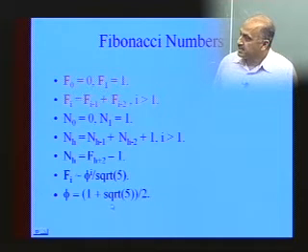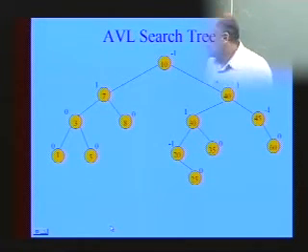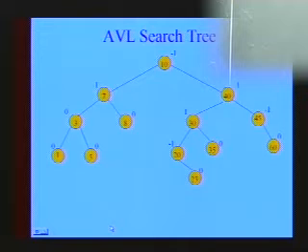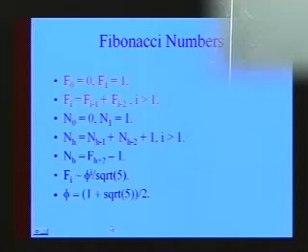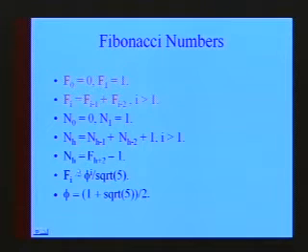So using this stuff, from here, basically what you get is the minimum number of nodes in an AVL tree whose height is h is phi raised to h plus 2 over root 5.